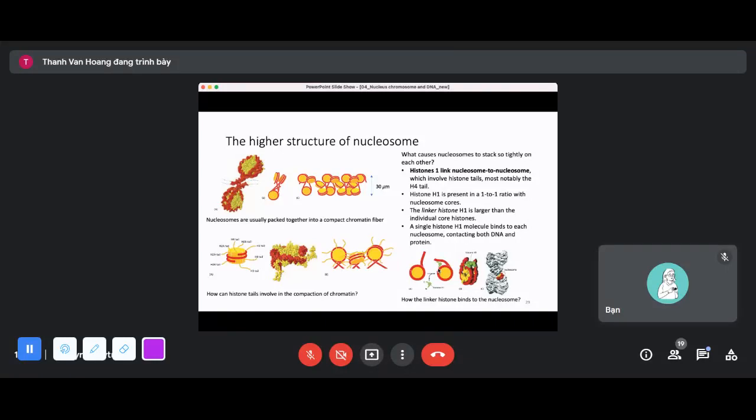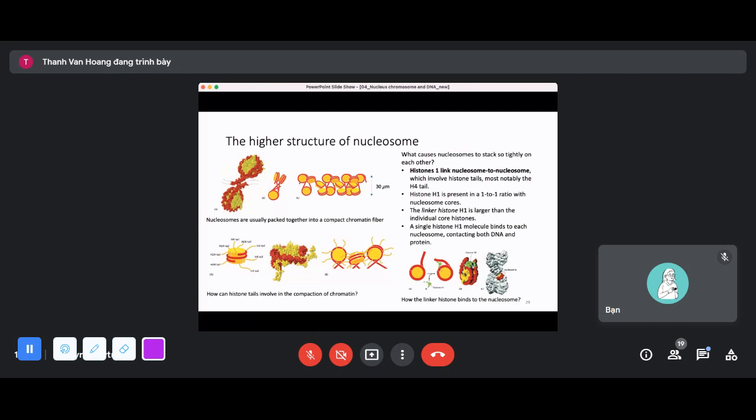It functions through histone 1. Histone 1 is not found in the histone core, but it connects the histones together. Histone 1 is bigger than the other histones and interacts with both the other histones and DNA.